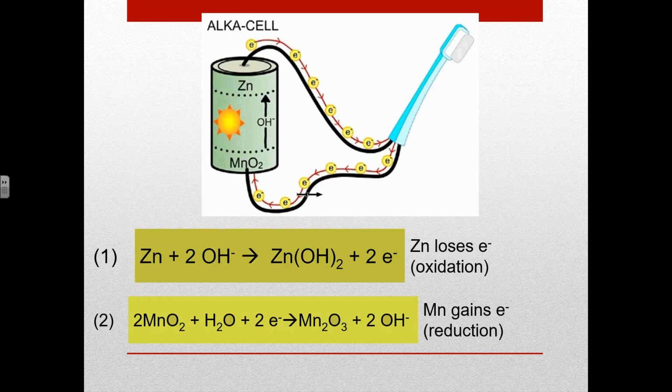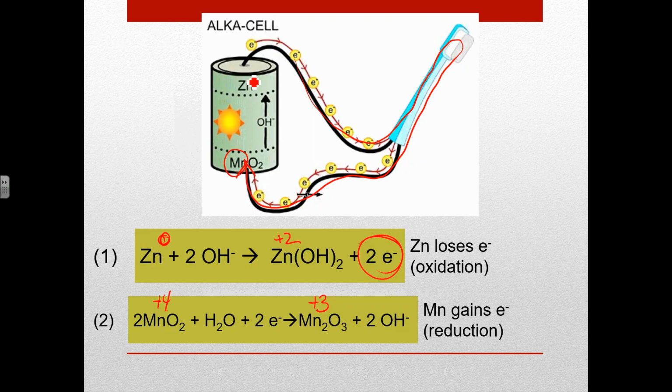In a battery, this is how it works. Here, this was a 0 charge for the zinc, and it's +2. It's lost 2 electrons. These electrons flow through, go through the toothbrush, and then back down and into the battery, where it will then reduce the Mn from a +4 charge to a +3 charge.